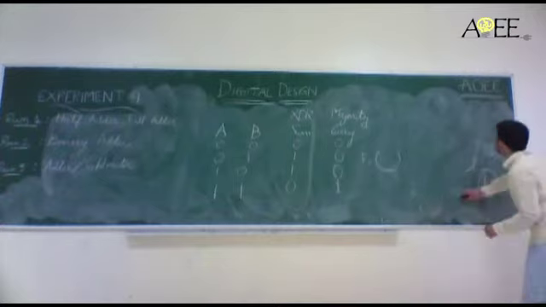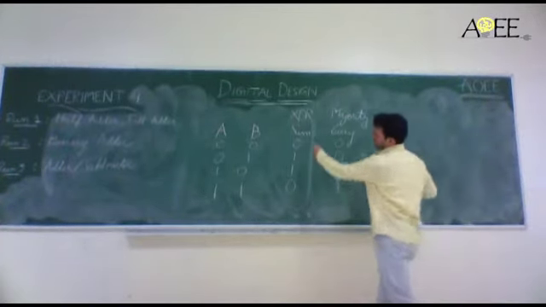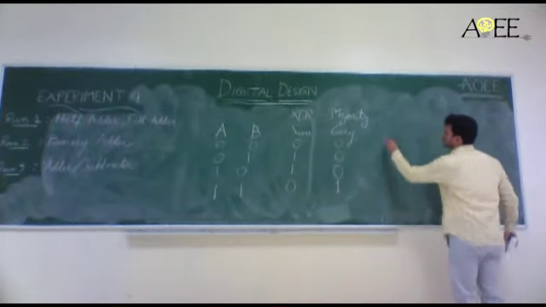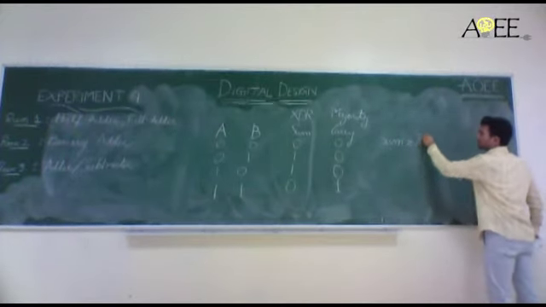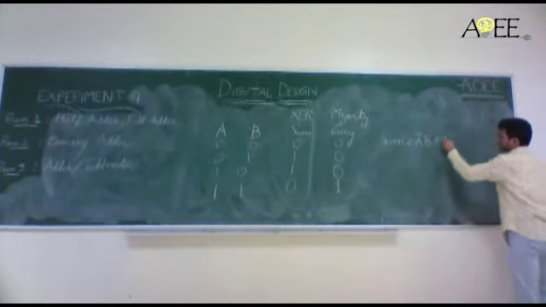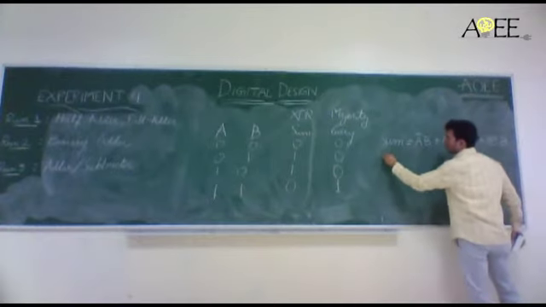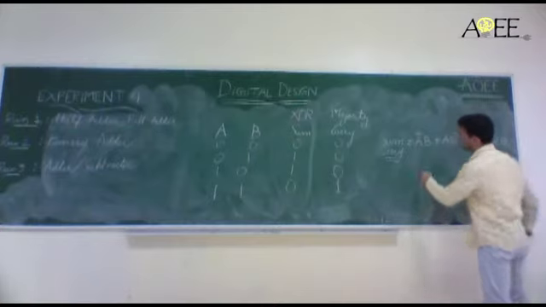So starting with the sum function: 0, 1, 1, 0, or in terms of minterms, I can say it is A bar B plus A B bar, which is A XOR B. And carry, this is just for the half adder as well. So the carry function is AB.